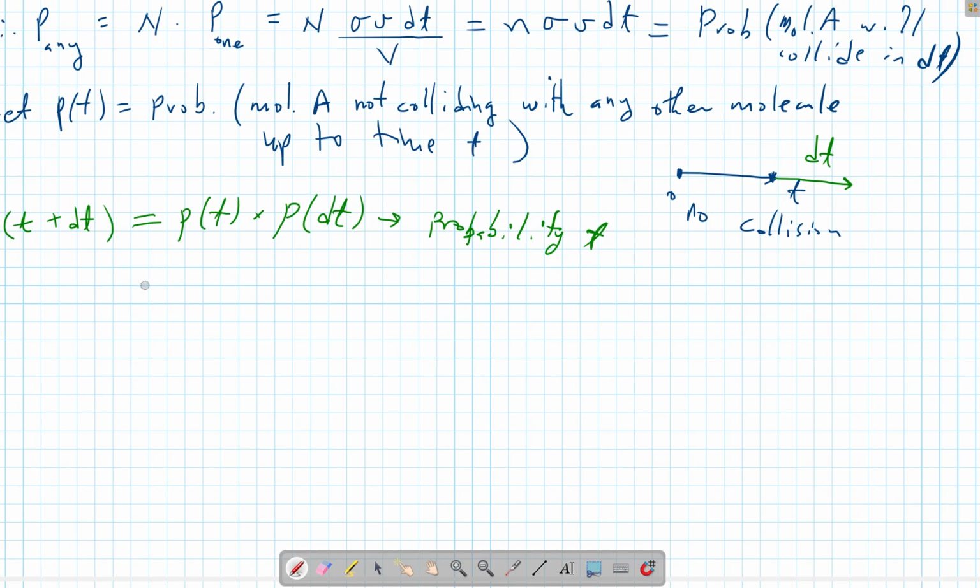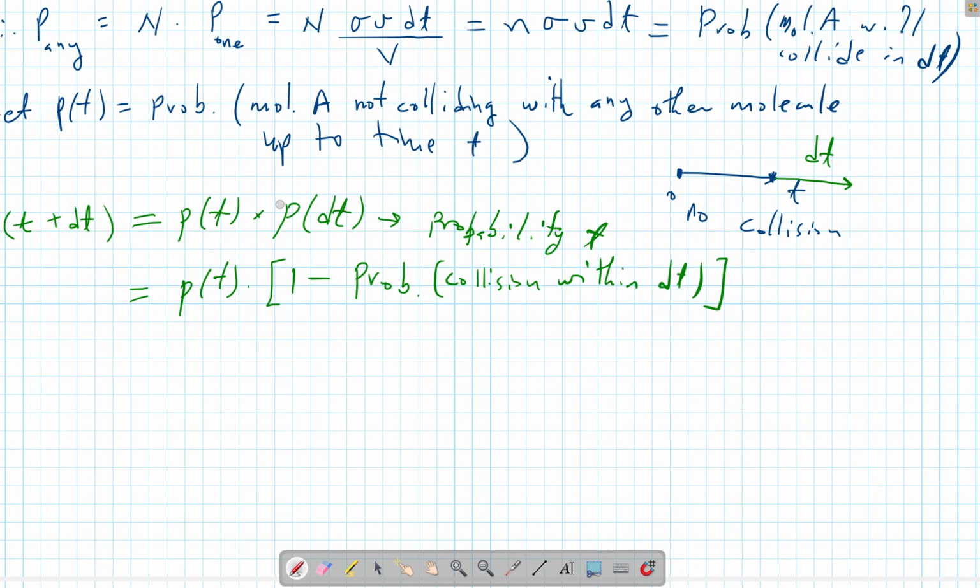The same thing, P of t plus dt can be written as P t times 1 minus the probability of collision, the probability that molecule A is going to collide with something within dt, right?